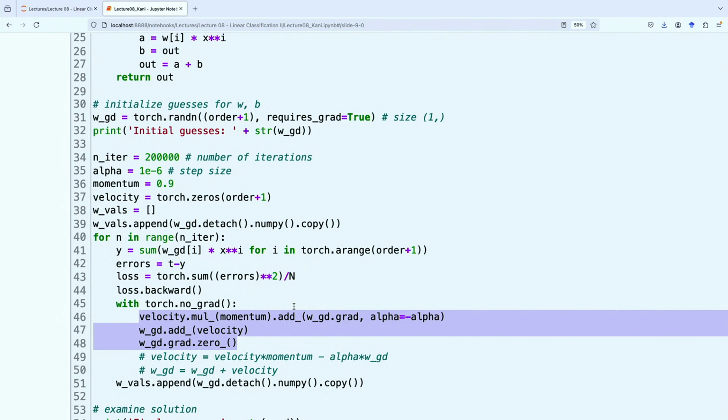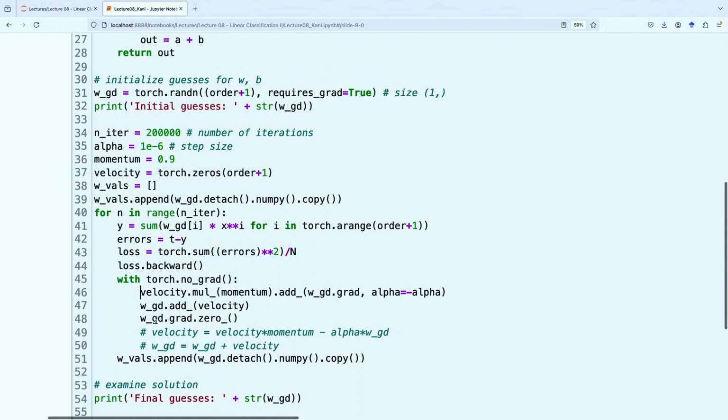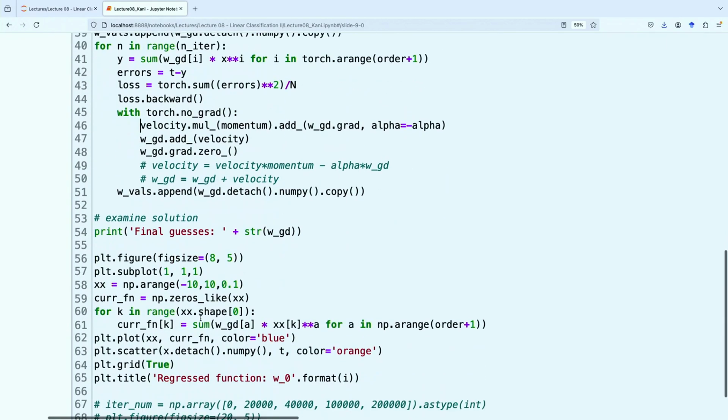The more complicated the models, the less cooperative PyTorch becomes. Well, it's not really PyTorch's fault. It's math. Math is the real villain here. The more complicated the models, the more complicated your update functions have to be. So if I did just the standard WGD minus plus alpha WGD, it would not work. It would not converge very well.